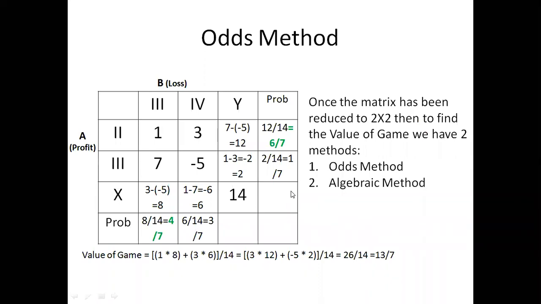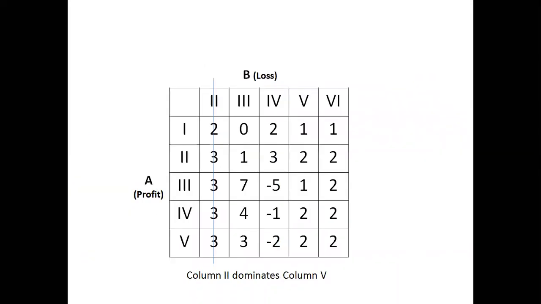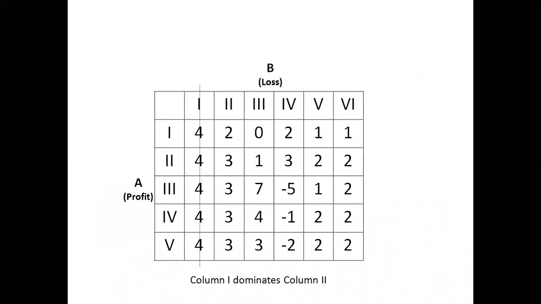Ultimately, you have to solve the principle of dominance. This is the principle of dominance when you have an n cross m matrix. If the game does not have a saddle point, the principle of dominance is applied. Now let's say if game has a saddle point, still we can apply principle of dominance. But ultimately you will not get a 2 by 2 matrix.